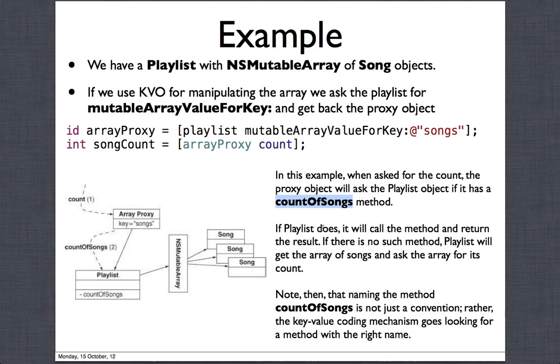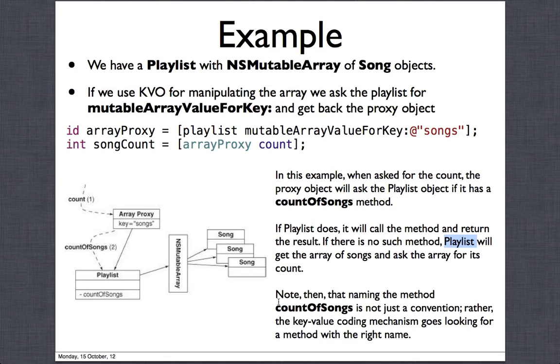So if playlist does have this method, then this method obviously will be called and we will get back the result, something that this method returns. If there is no such method, the playlist will get the array of songs, the actual array, and ask the array for its count.